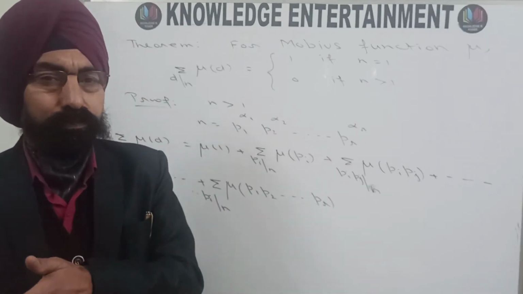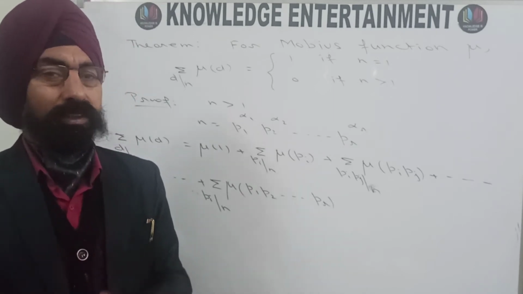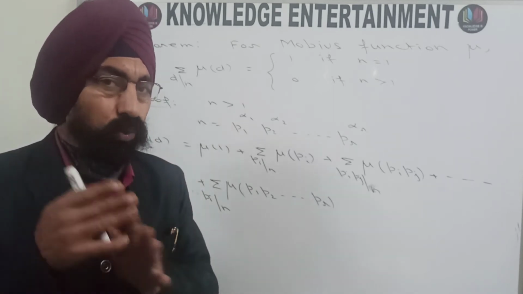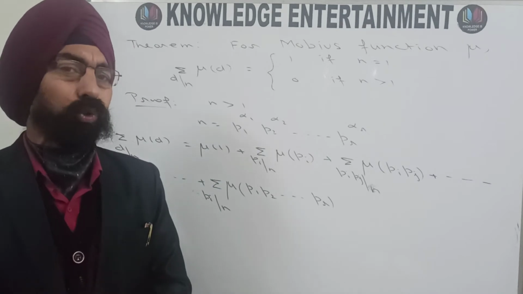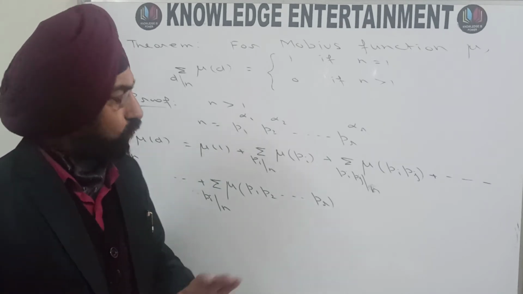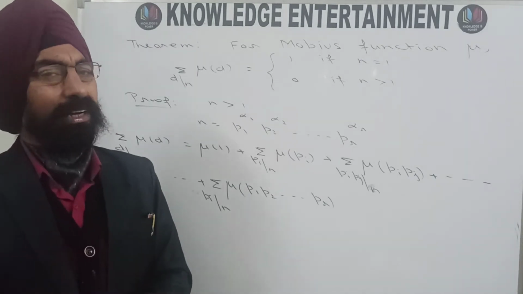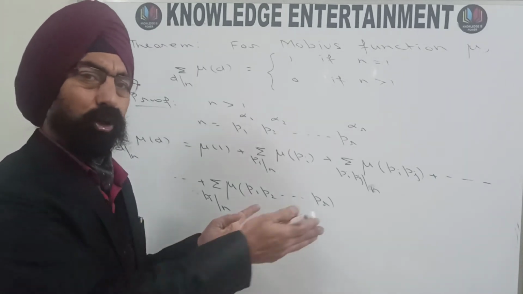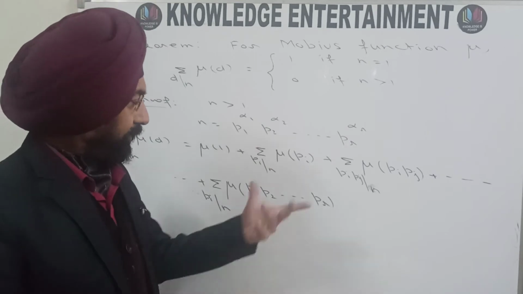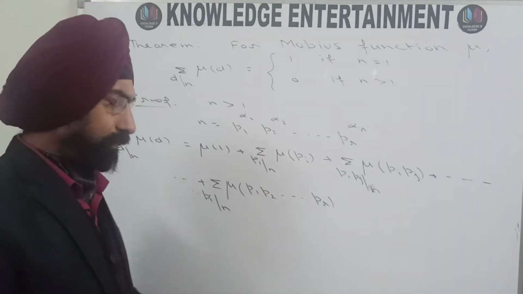Mu of p2 cube: once again it is 0 because p2 cube is divisible by p2 square and p2 square is a perfect square. So for all the rest of the divisors of n, the value of mu will become 0. So I am not taking those. It is enough to consider this sum.